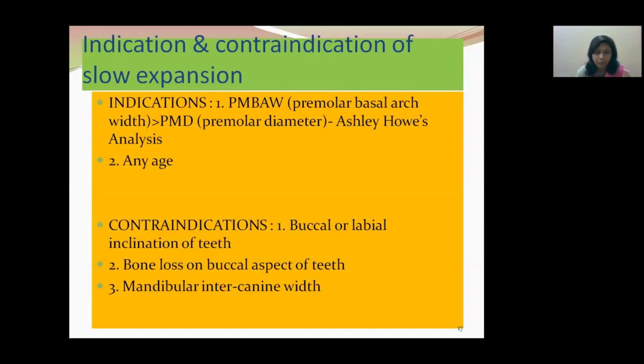One more thing, slow expansion can be assumed at any age. Contraindications for this will be if the teeth are already in buccal and labial inclination, if there is bone loss on the buccal aspect of teeth, or if there is an excess mandibular intercanine width. That will be a contraindication for approaching slow maxillary expansion.